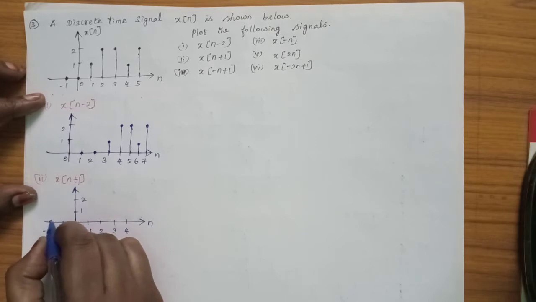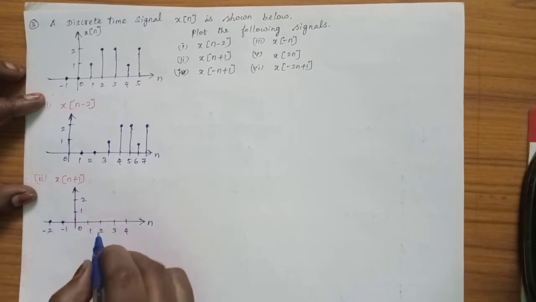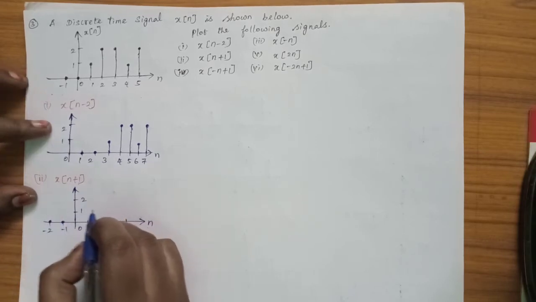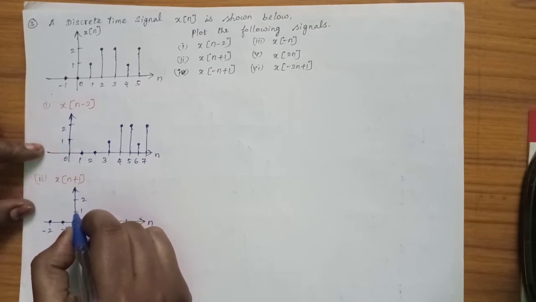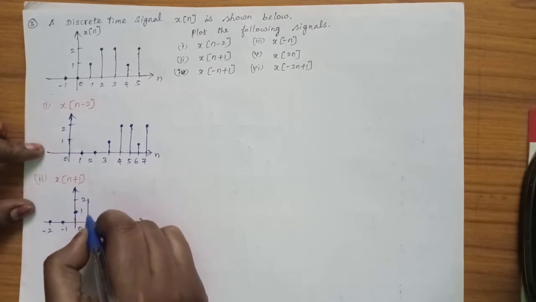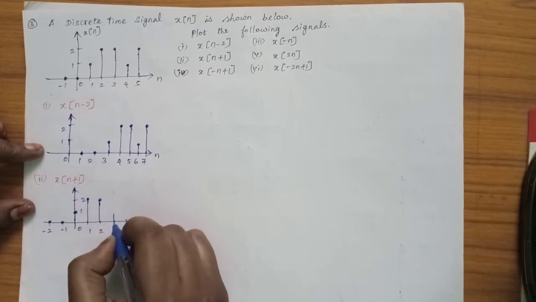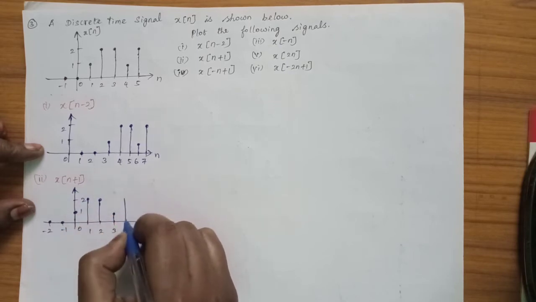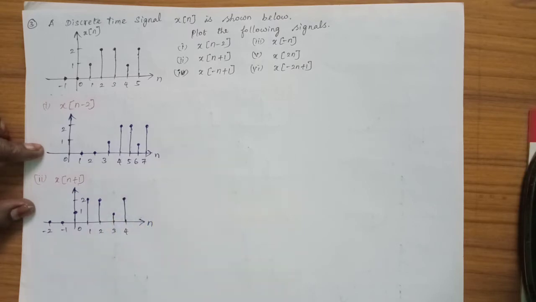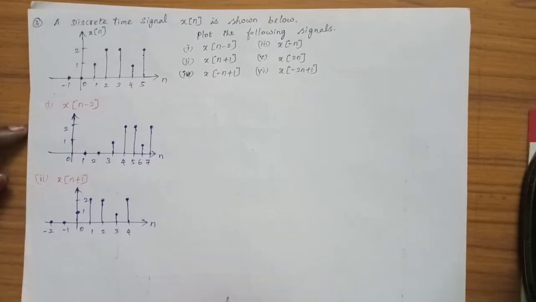At minus 2 and minus 1 its value is 0. So this is x[n+1].